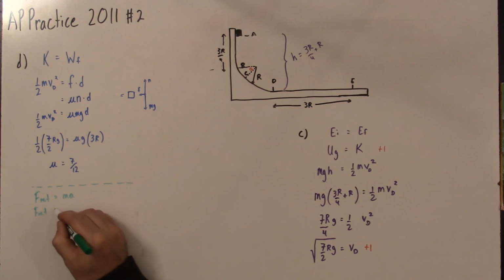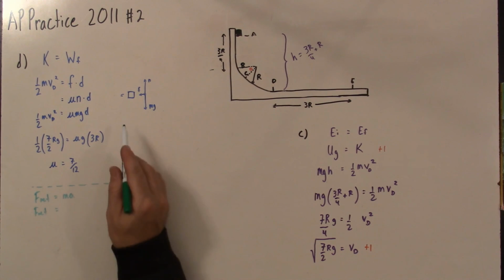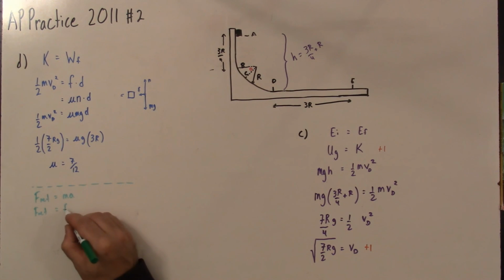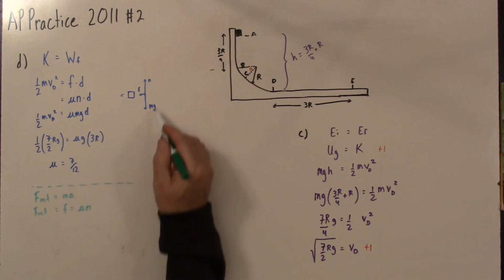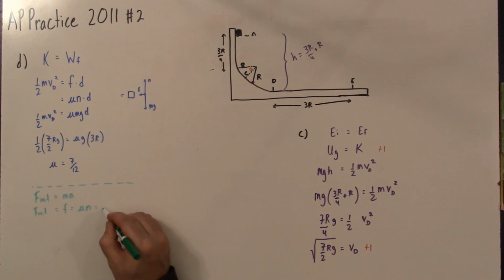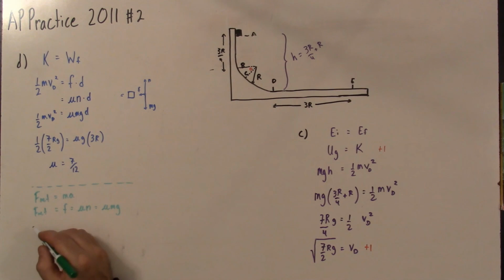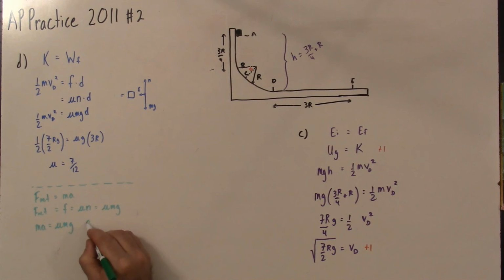The net force in this case is just the friction, which is the coefficient of friction times the normal, and again that's equal to mu mg. If I set these two equal to each other, ma is equal to mu mg, so a is equal to mu g.